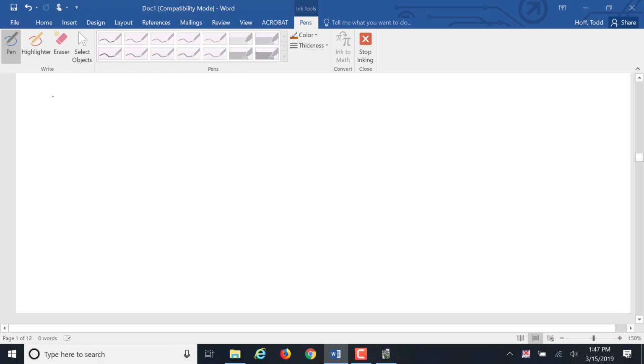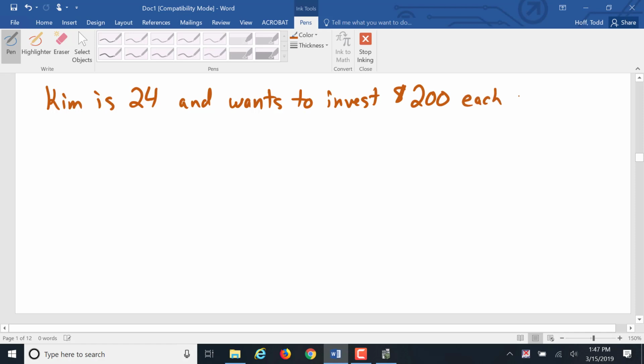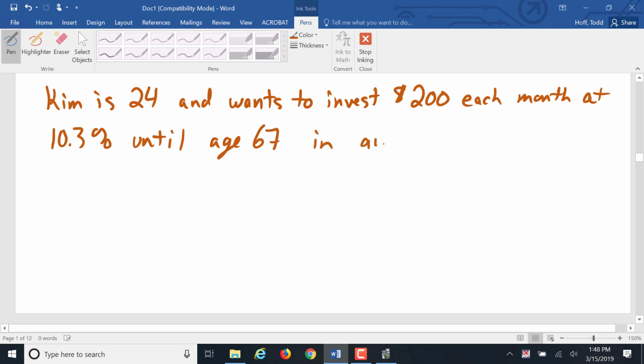So let's look at a couple of examples of this. Let's say that Kim is 24 and wants to invest $200 each month at, let's go, 10.3% interest until age 67 in an annuity due.